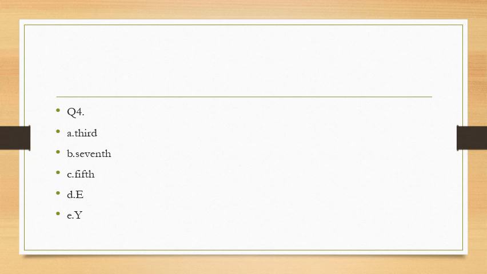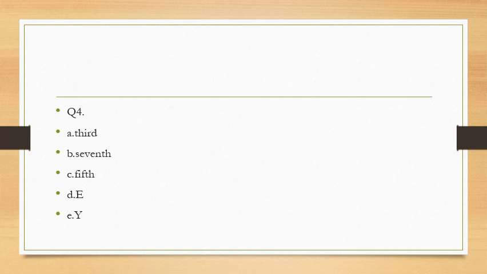Now children, next part C. May is the dash month of the year. Children, January is the first month of the year. Then February is the second month of the year. March is the third month of the year.